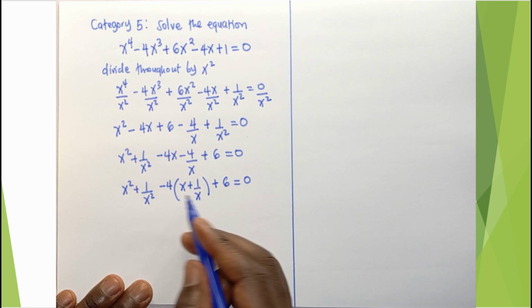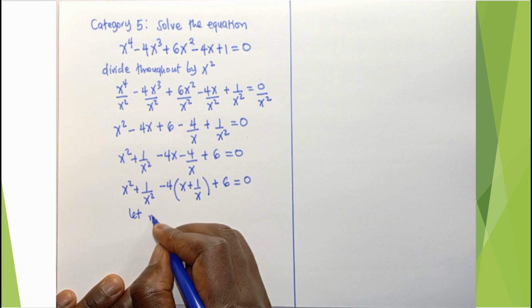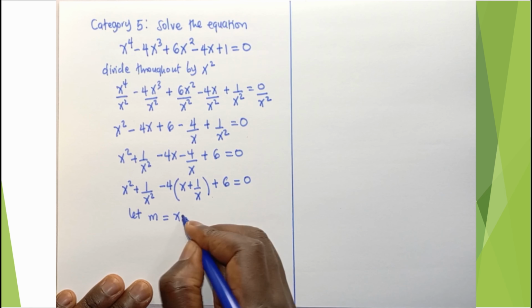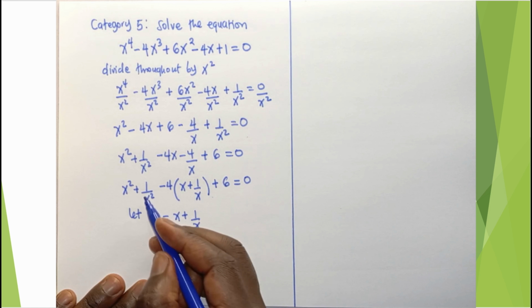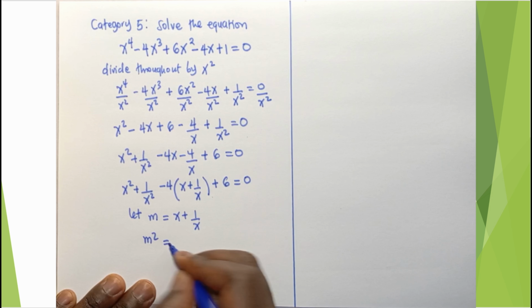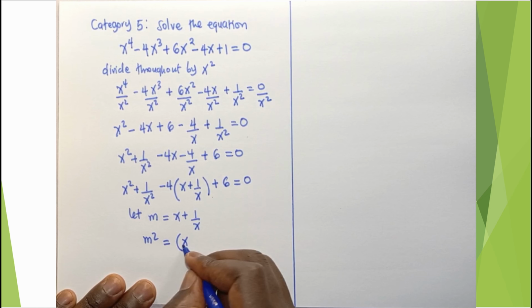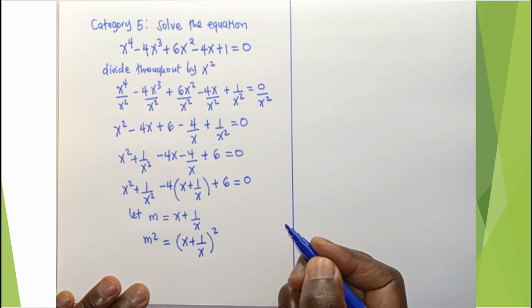Now we let m equal to x plus 1 over x, specifically we let that one, such that we can get this other one. So we get it by squaring both sides. So we shall have m squared is equal to x plus 1 over x, everything squared.